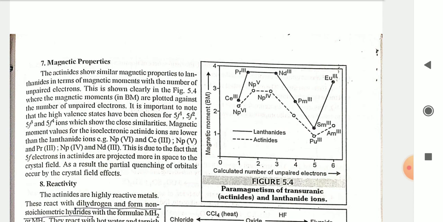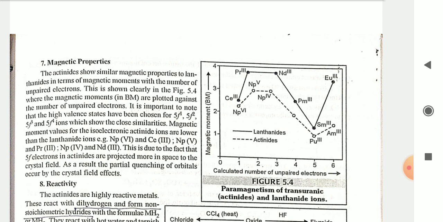Magnetic moment values for the isoelectronic actinide ions are lower than the lanthanide ions. Example: Np6+, Ce3+, Np5+, Pr3+, Np4+ and Nd3+. It is due to the fact that the 5f electrons in actinides are projected more in space to the crystal field. As a result, partial quenching of orbital moment occurs by the crystal field effect.